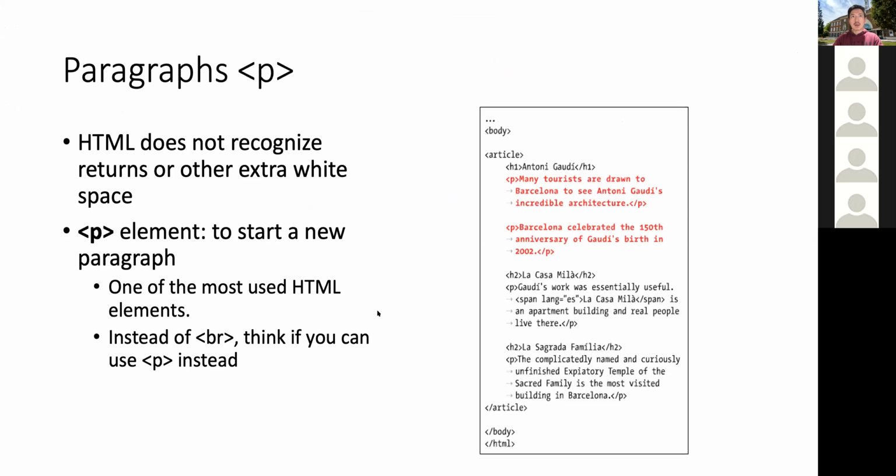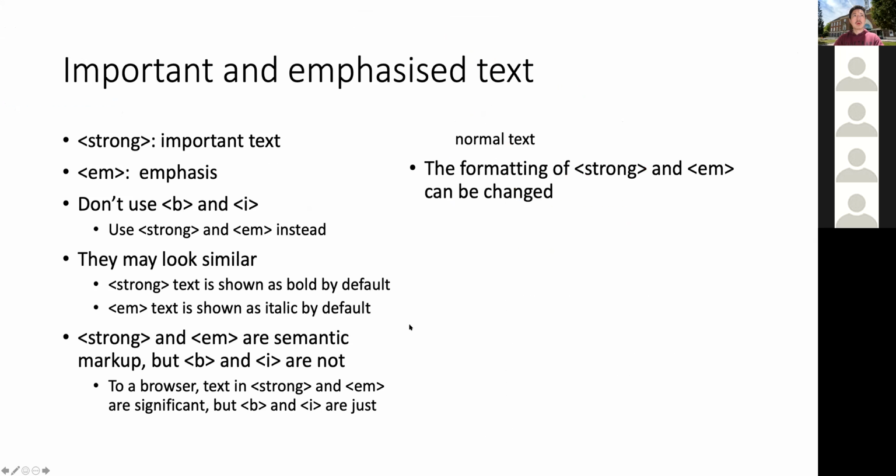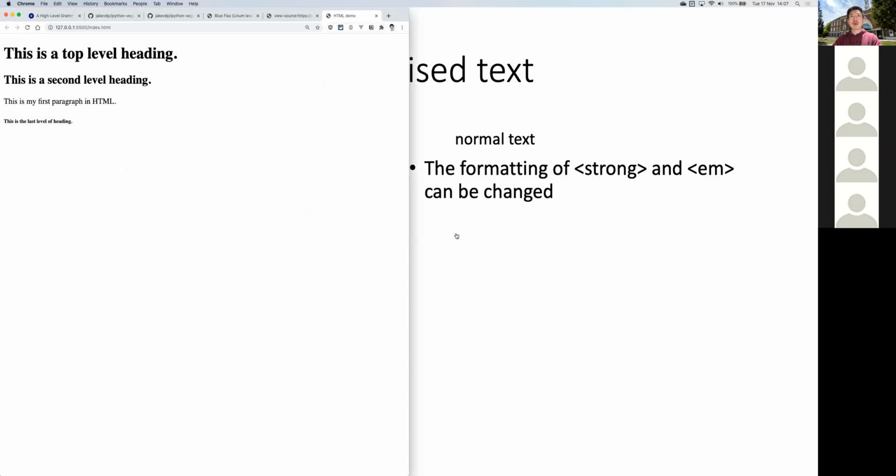This text actually is a little bit bigger than your level 6 headings, which is very small. Okay, back to this. There are some other things which you can do. We're going to cover something very simple here, which allows you to mark strong or emphasized text. Strong by default will make the text bold, and EM, which means emphasize, will by default make the text italic.